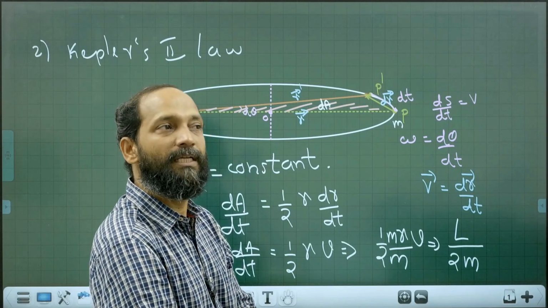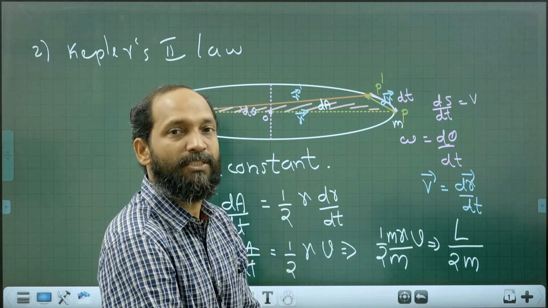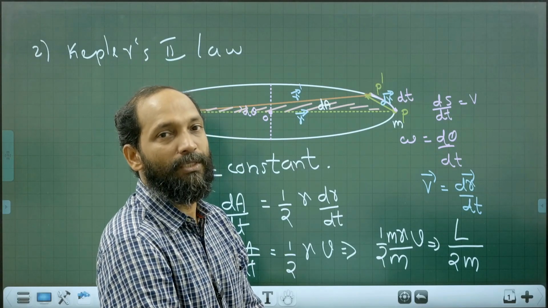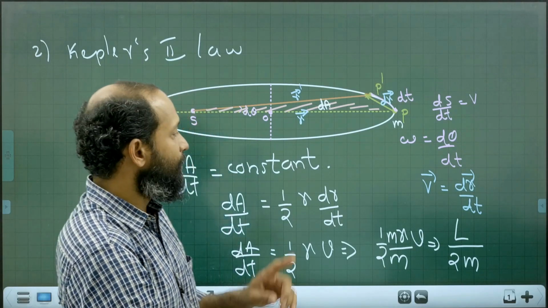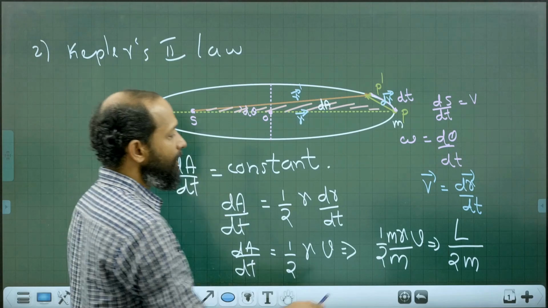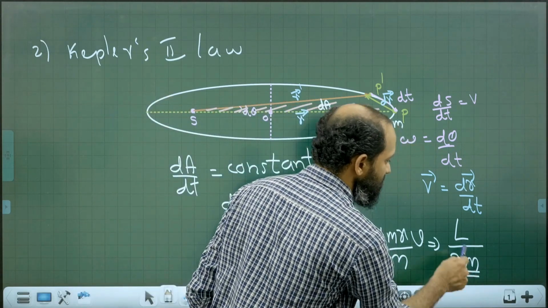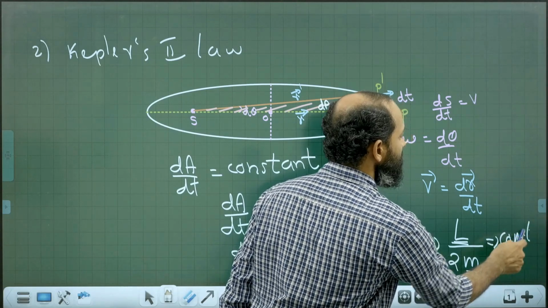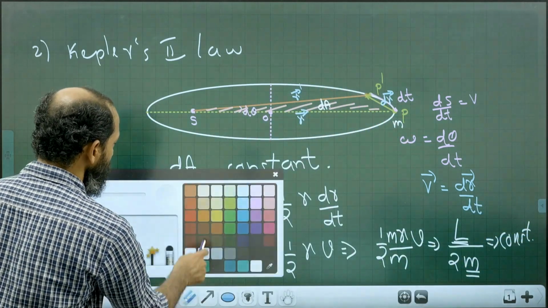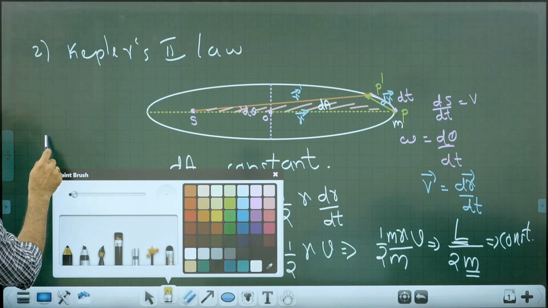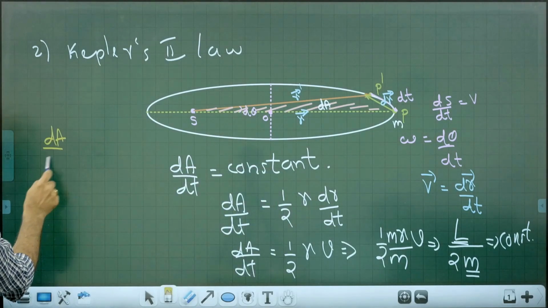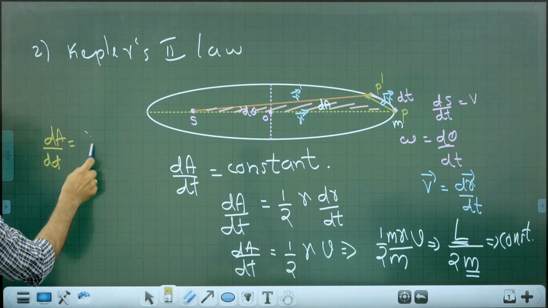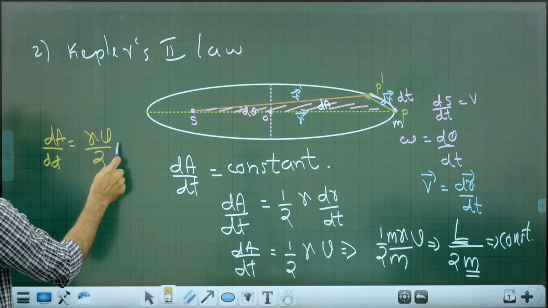That we have learned in the chapter Rotational Dynamics: in the absence of external torque, angular momentum is a constant. So the angular momentum of the planet around the Sun is a constant. m is already constant, L is a constant. That means dA by dt is a constant. Naturally, the areal velocity dA by dt equal to rv by 2 is a constant.